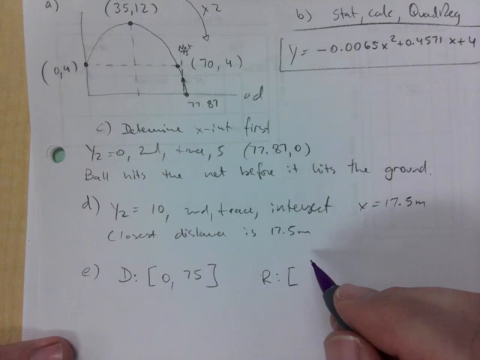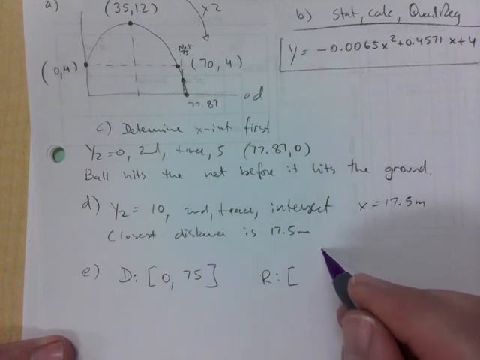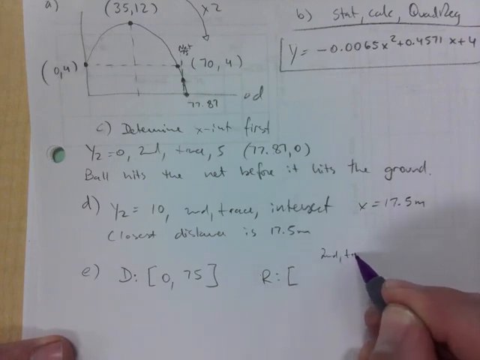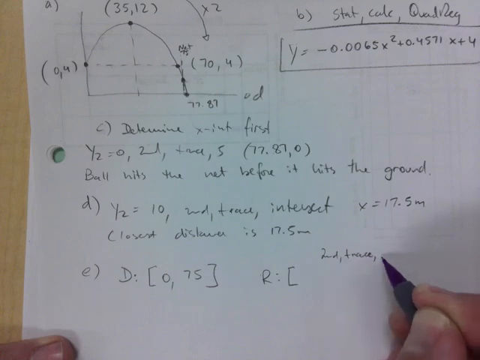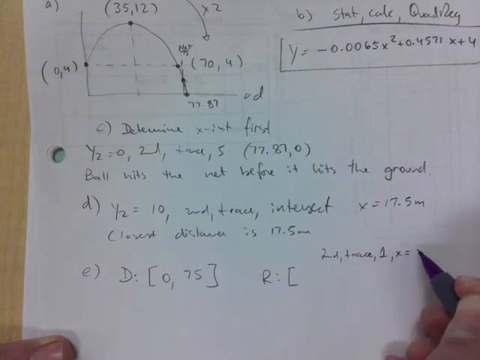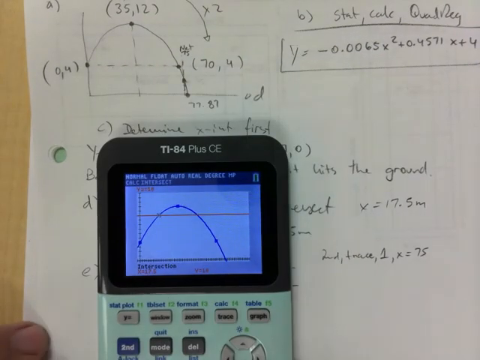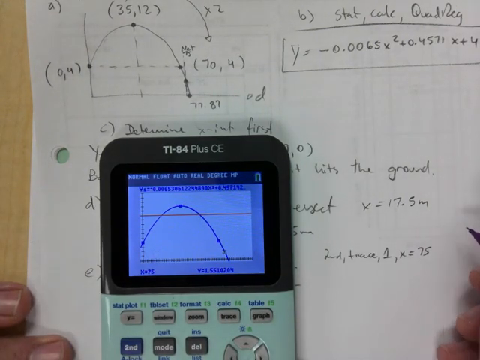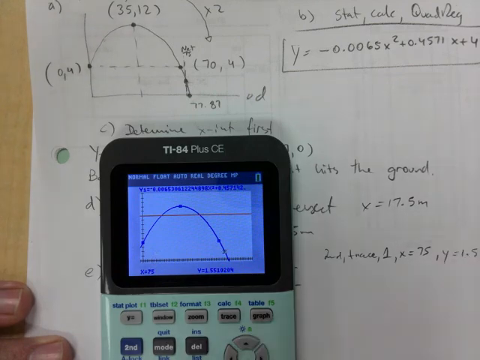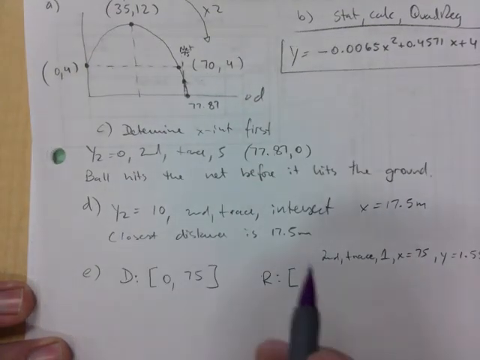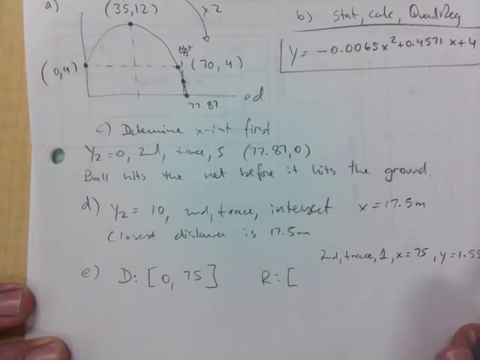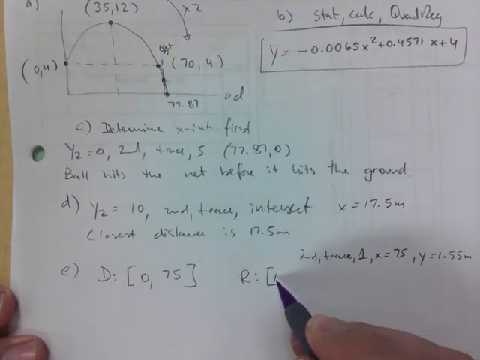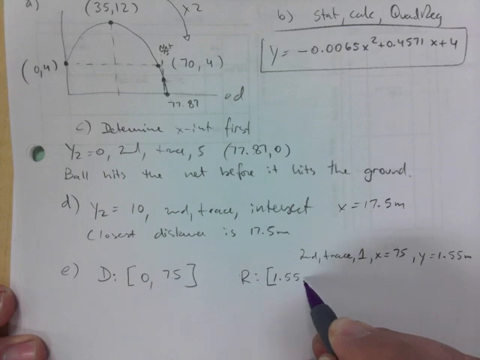But 75, so I'm going to go second trace 1, x is equal to 75. I will figure that out. And y is 1.55 meters off the ground at that point right here where it would hit the net. So really my range is 1.55, right?